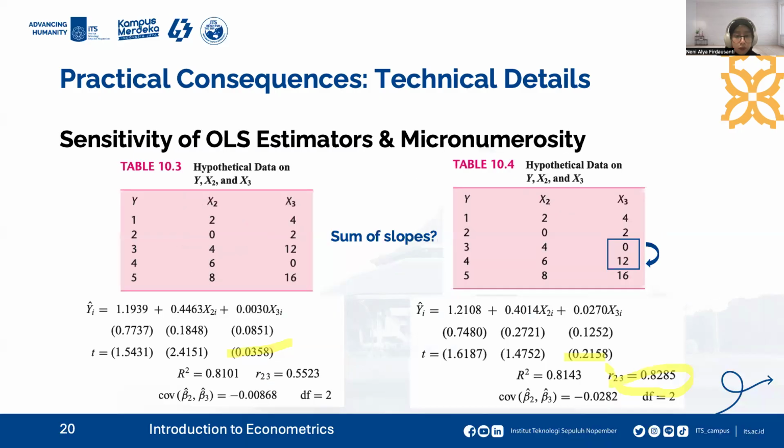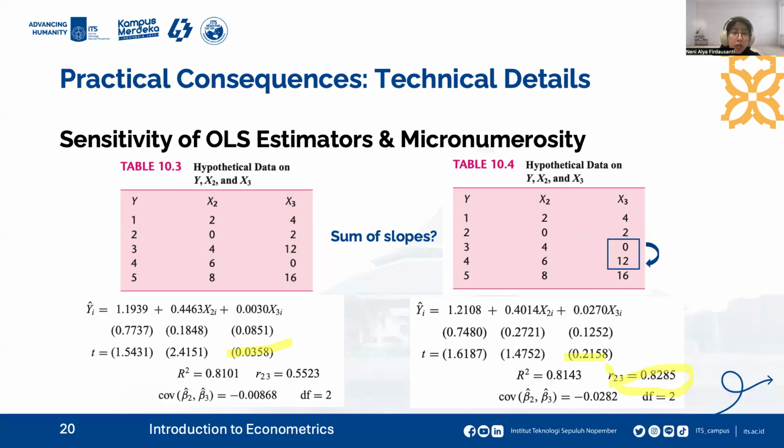The next consequence is the sensitivity of the OLS estimator, and micronumerosity. Even with imperfect multicollinearity, OLS can be highly sensitive to even slight changes in your data.